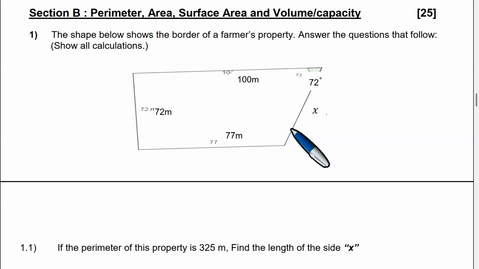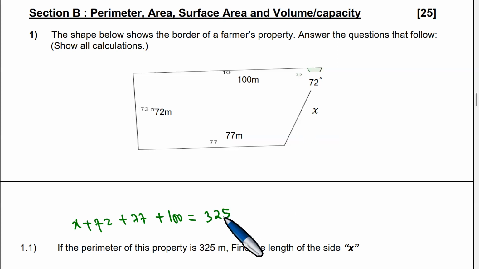So in other words, to get X, you need to say X plus 72 plus 77 plus 100 is equal to 325. So you have 325 minus 72 minus 77 minus 100.